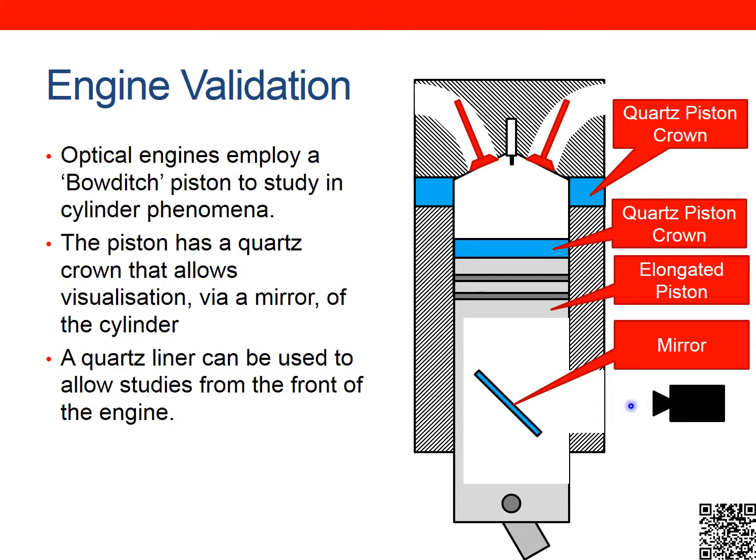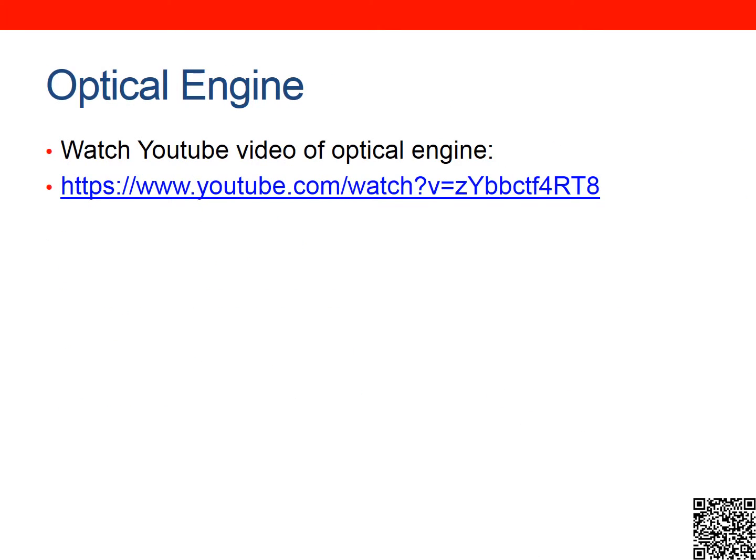The camera looks at this mirror, which is looking at what's happening in the combustion chamber above the piston, and so it gives us a lot of good information on what's happening inside the engine. This can be used to validate the models, or even just get data on what's happening inside the engine. There's a good video based on a Ricardo optical engine that I suggest you go and watch as well. It shows the capabilities of these optical engines and what they can do.